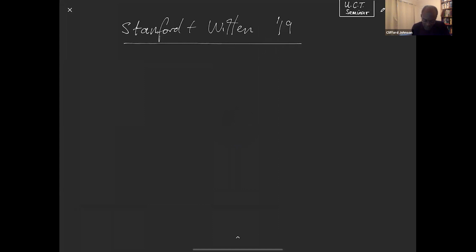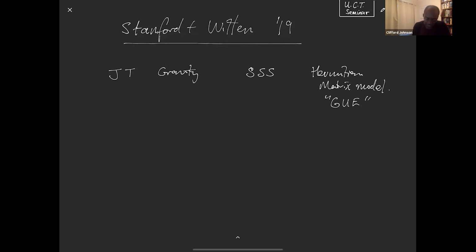They took this picture of ordinary JT gravity, which via SSS is some Hermitian matrix model, some random Hermitian model of random Hermitian matrices, if you like. A Gaussian unitary ensemble is the language you would use there. And they realized you could classify a whole bunch of more JT gravities.